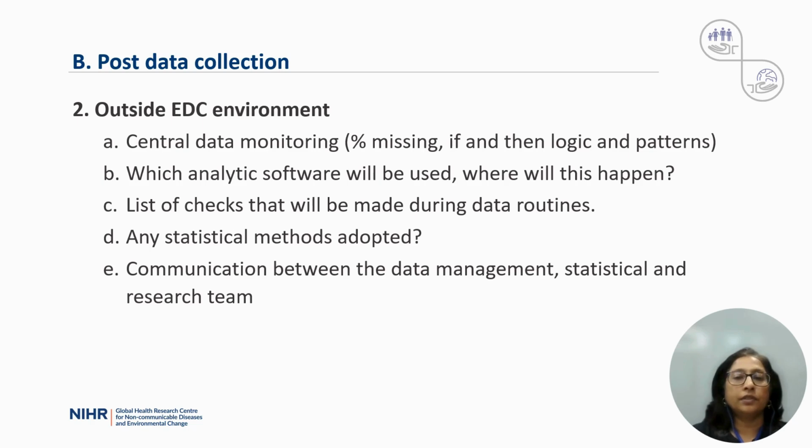It doesn't take much effort at all, and you can discuss in your team meetings, okay, this is missing only in some sites, and this particular variable is missing across all sites. This will help you think and get to practical solutions. You can also run several if-then logic checks, which are quite complex to build in the EDC system, but quite easy to build in a statistical system.